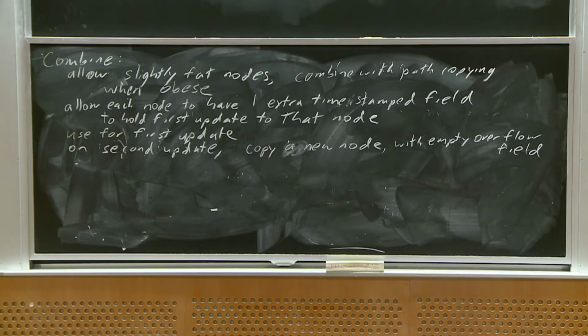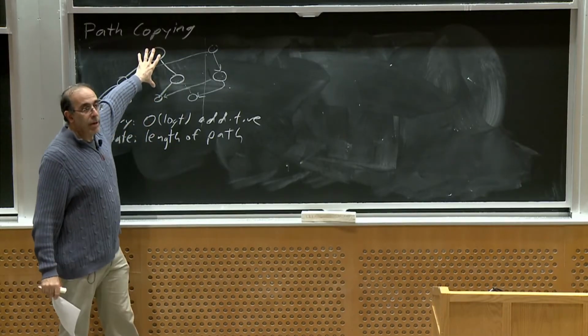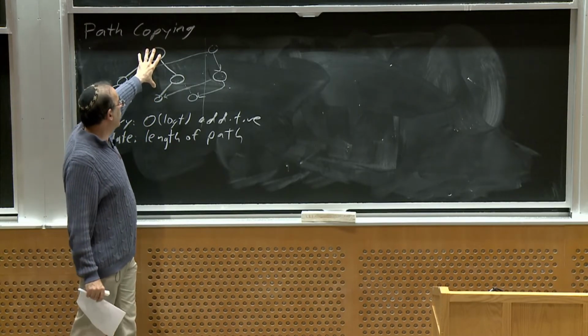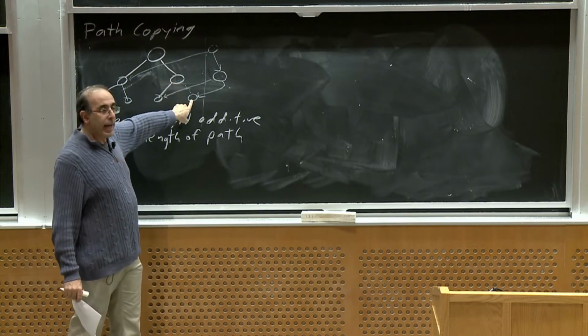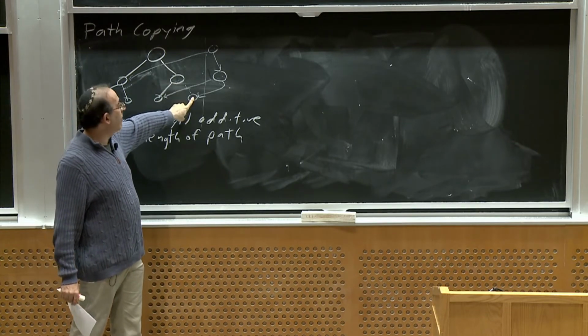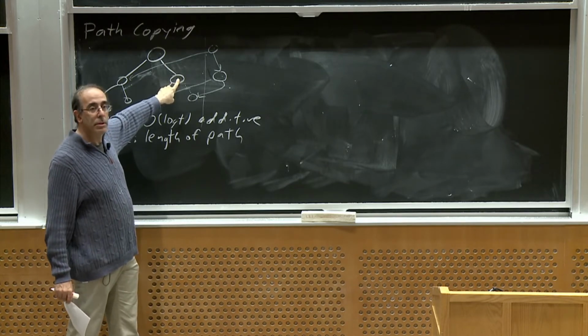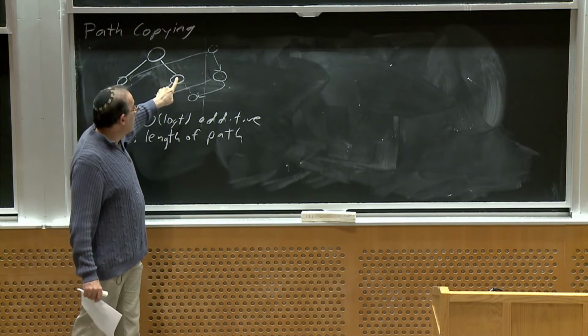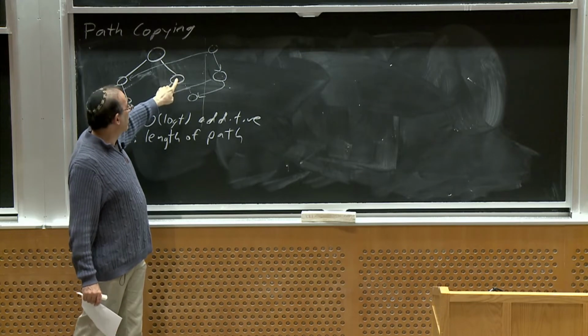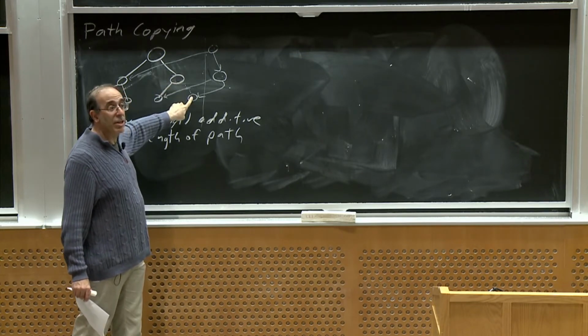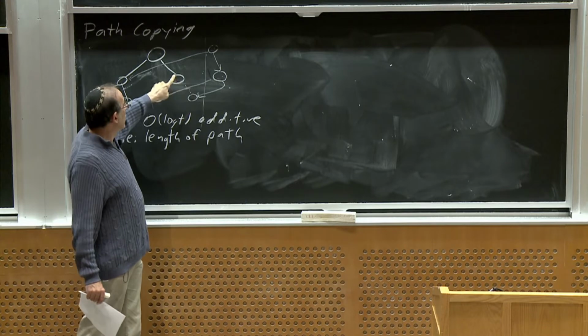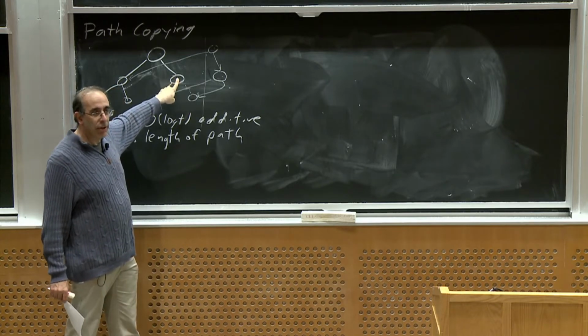So again, if we look at this binary search tree that I was managing over here, the first update where I add this leaf, I'll just store that information in the overflow field of this node. Now, the next time I make an update, if say I change the value in this leaf, I'm going to look and I'm going to see that the overflow field is full in this node.